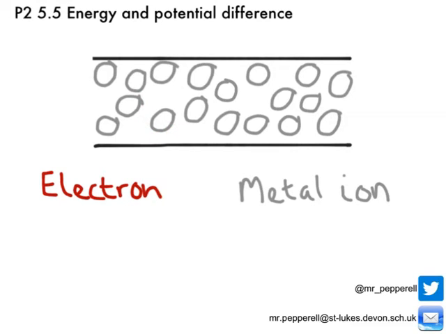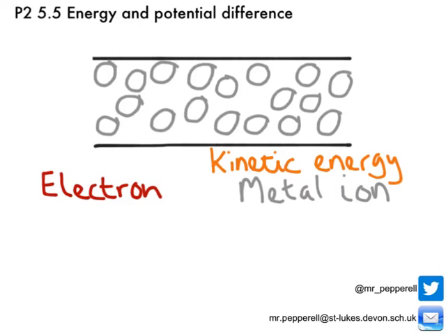What actually happens is the kinetic energy in the electrons, when they come through and collide with a metal ion like this one here, is transferred to the metal ion. When the energy has been transferred, the ion starts to vibrate a little bit more, and the more energy transferred to it, the more it vibrates.